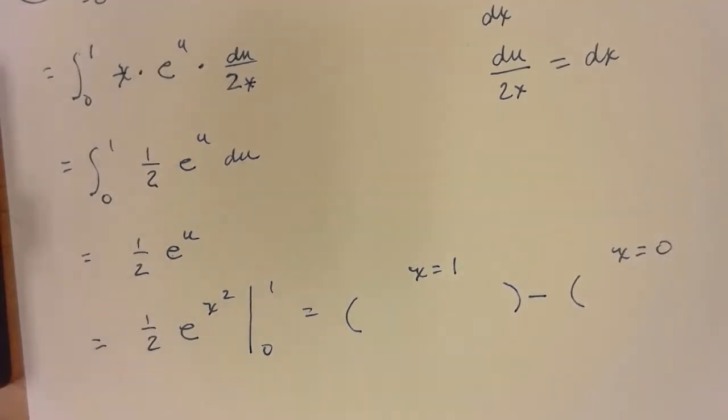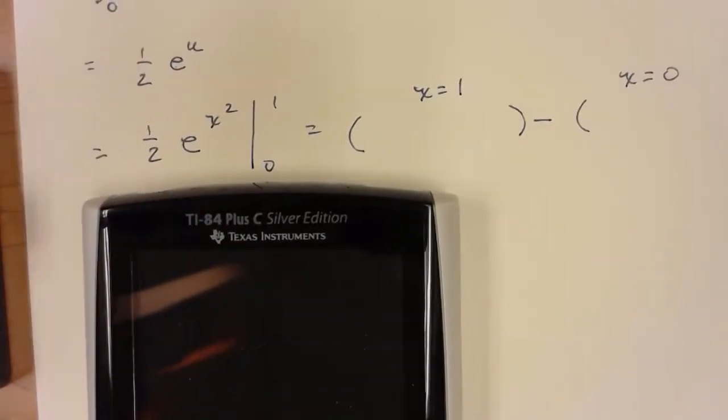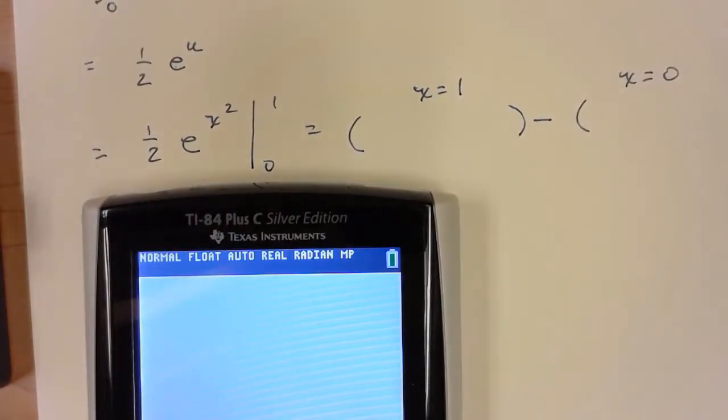So let me get my calculator. And I do like to use storage, so 1 STO in for x, and then I type in my function, so 0.5 second e to the x squared.